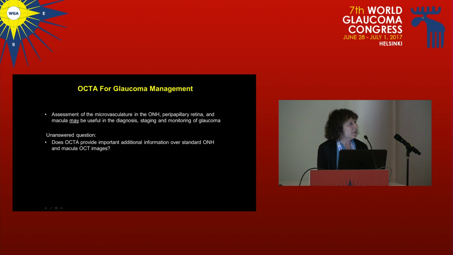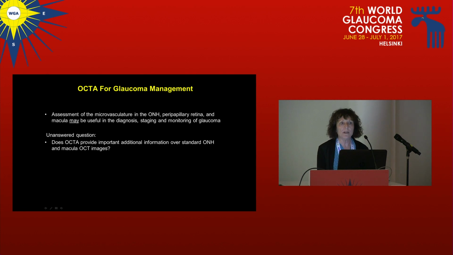So we heard a little bit about OCT for glaucoma management, that the assessment of the microvasculature of the optic nerve head and the macula may be useful in the diagnosis, staging, and monitoring of disease. But the unanswered question is, does OCTA provide important additional information over standard optic nerve head and macula OCT images?